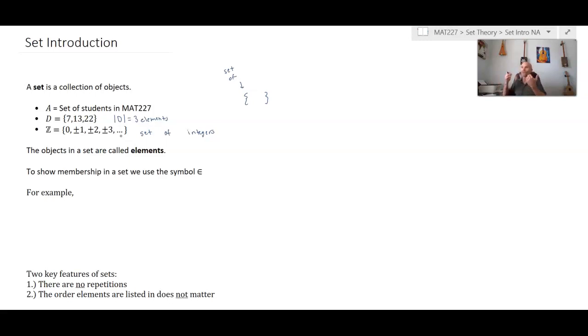Now we've used the word elements. Those objects in that set are called elements. Okay, so the elements in D are 7, 13, and 22. We also want to be able to talk about membership in a set. So just like a person can be a member of a fitness club or a member of an organization, an element could be a member of a set. And we use this symbol here, and there are a number of different ways you could read this.